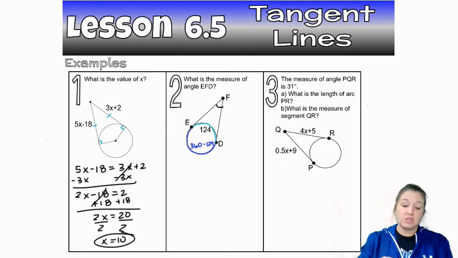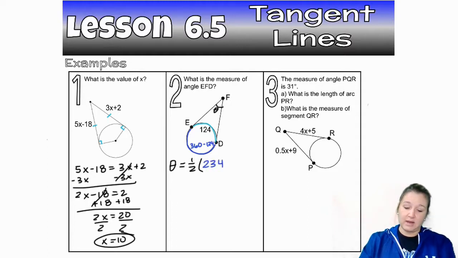All right. So I'm going to call this theta because I like naming it like that instead of having an angle measure. So theta is going to be equal to half of that difference there. So the dark blue arc ends up being 236 minus, I wrote 124.